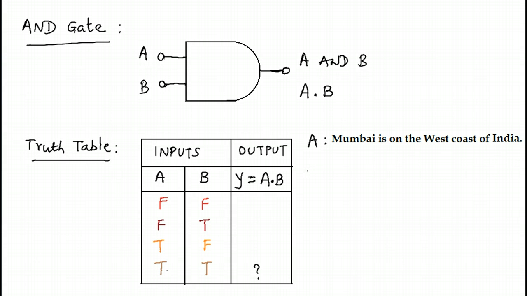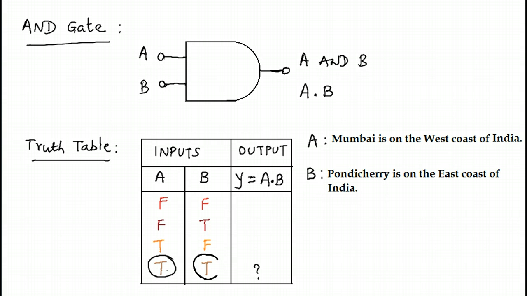Following this, I will write another statement which I will call B, and that statement is Pondicherry is on the east coast of India. Now clearly this is a situation where statement A is true and statement B also is true, and so without doubt we are talking about the last row of the truth table where A is true and B also is true.